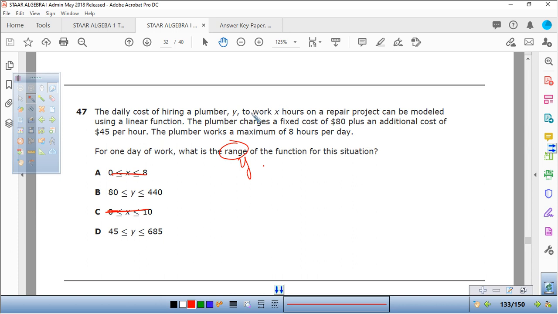There's a daily cost of hiring a plumber at y, okay, the cost to work x hours on a repair project can be modeled using the linear function. The plumber charges a fixed cost of 80 plus an additional cost of 45 per hour.